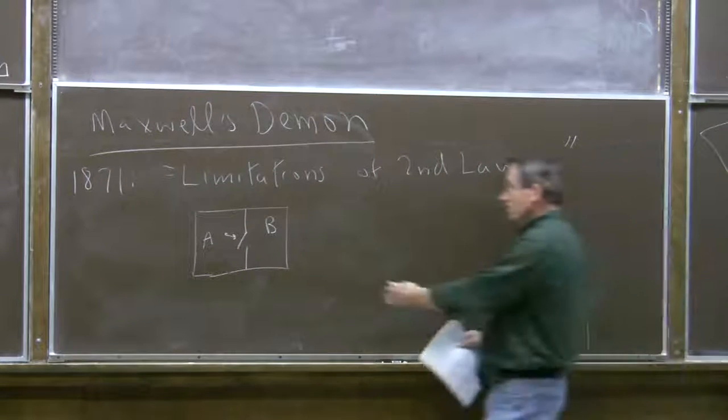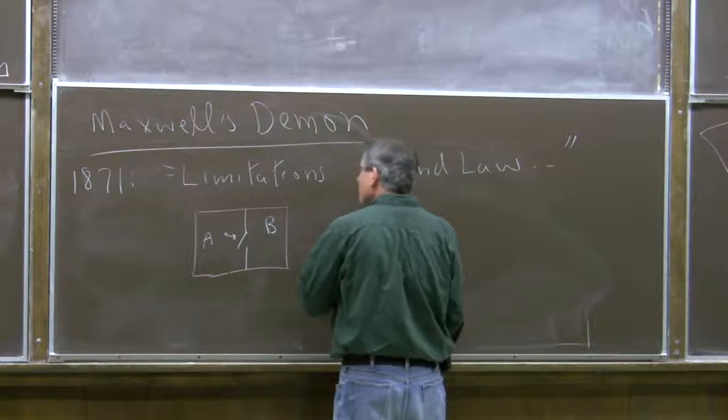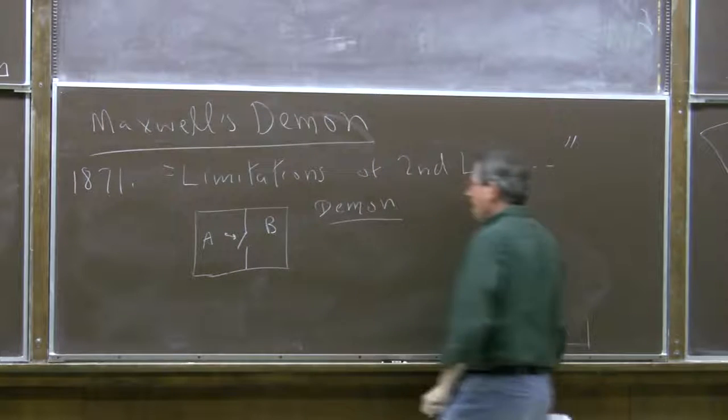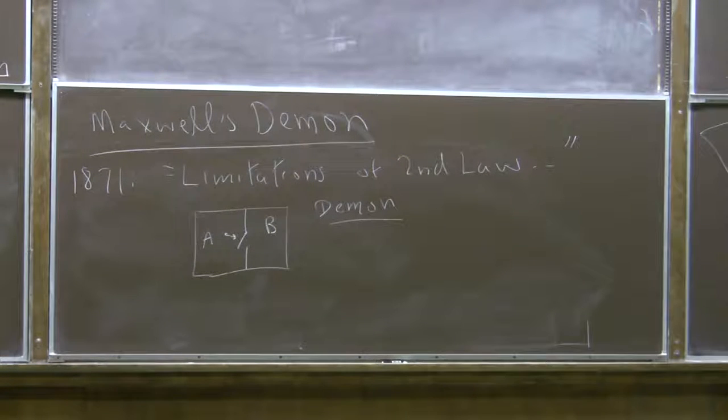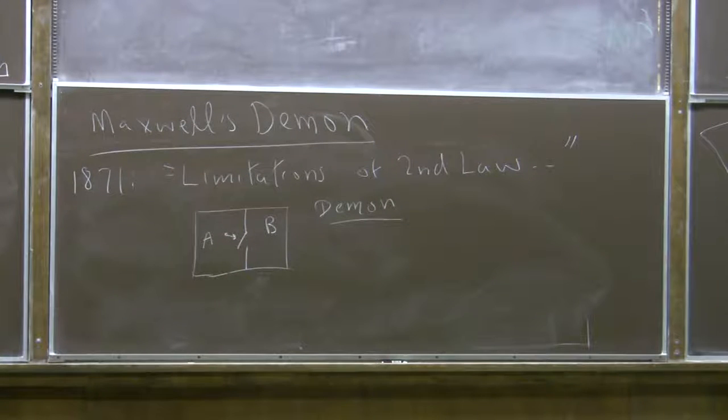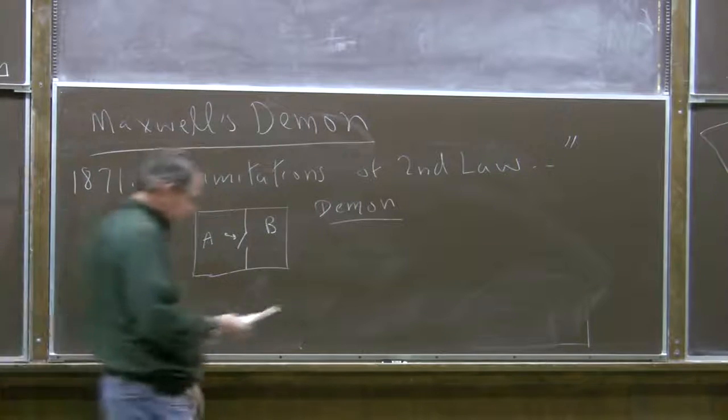Since you probably don't believe that I can do that, Maxwell said imagine a demon with great observational power who can watch every single one of the molecules in the gas. At all times, he's watching where they go. And for the purpose of this discussion, we can think of the dynamics as being completely classical. So in principle, you can know exactly what the position and the velocity is of every molecule, and that's what the demon knows.